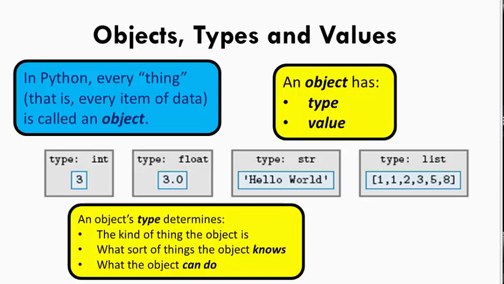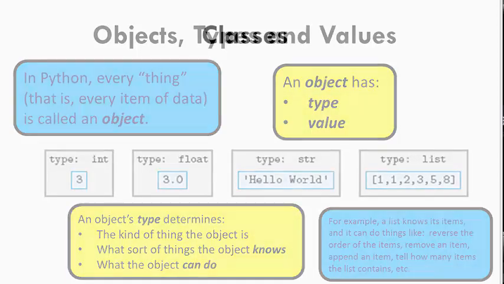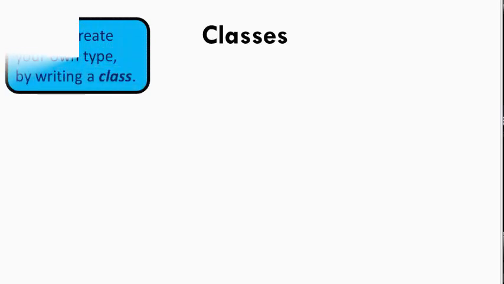A string knows its characters and can do things like return an uppercase version of the string. Likewise, a list knows its items. It can reverse its items, tell how many items the list has, which is called the list length, and many other operations as well.